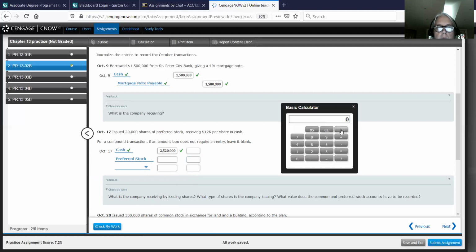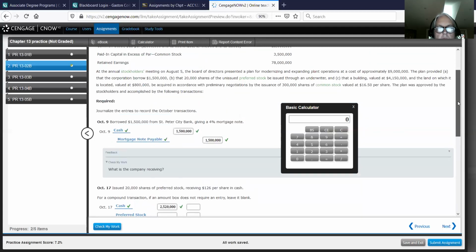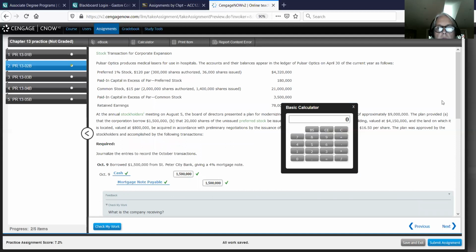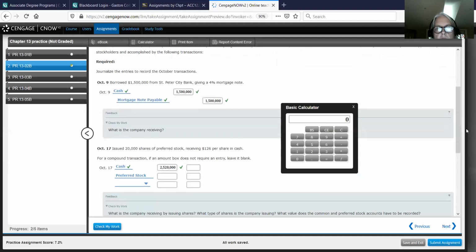The way that we determine par value is we take the number of shares of preferred stock that have been issued, and we're going to multiply that by the par value of the stock. So the par value of this preferred stock was $120. That was given in the information at the beginning of your problem. $120 is the par value of the preferred stock. So we're going to take that $120, which is the par value per share of preferred stock, and we're going to multiply that by 20,000 shares.